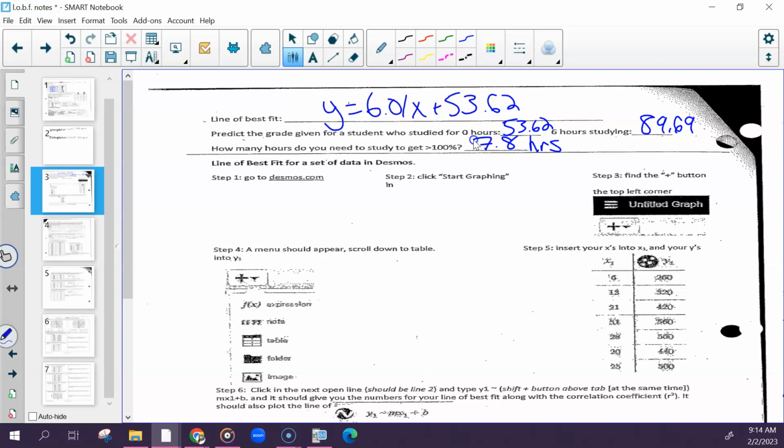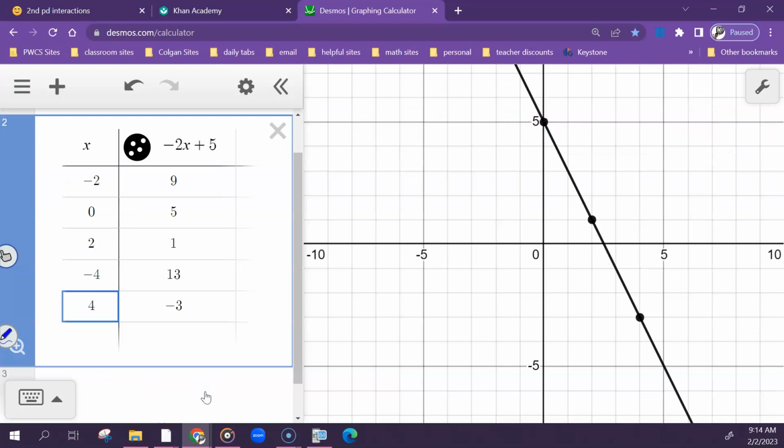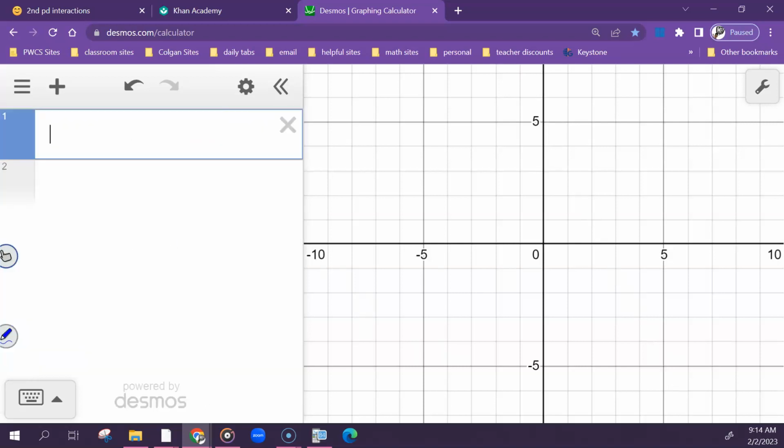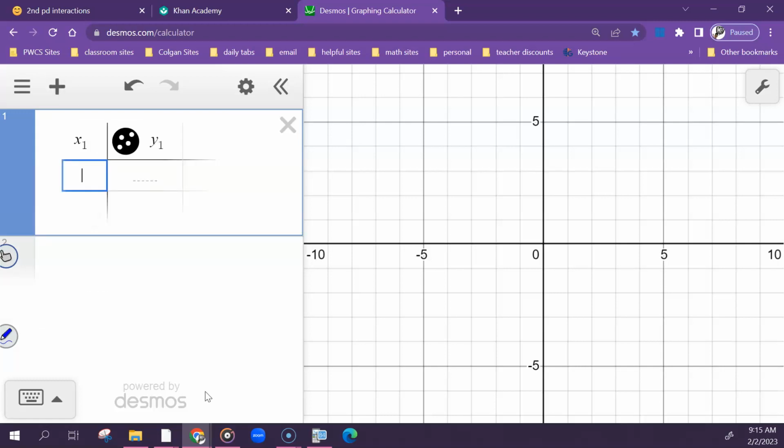It's a lot. So if you prefer to use Desmos, I'm okay with that. In Desmos, if you're not paying attention in Desmos right now, just make sure you're following along here. Clear out everything you have. And then your first step is to make a table. So click your plus, click table, and you're going to put in those same points we did in the calculator, the ones from the first page.